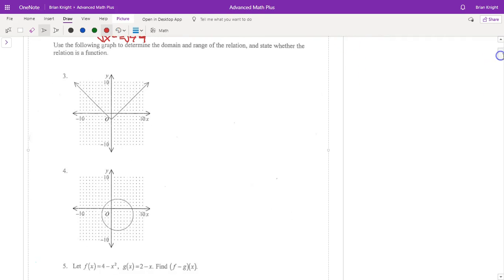Number 3, one more time, finding the domain and range, 3 and 4. They're giving you graphs. So we also have to state whether this is a relation or not. So my domain here for this graph, it goes how far left? All the way. How far right? All the way. So it's all real numbers. The range, does it go forever down?